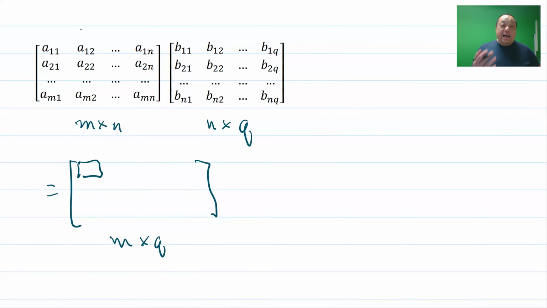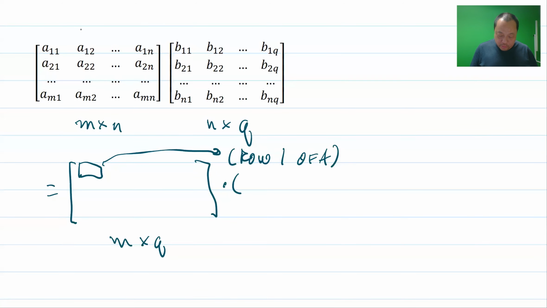At any ij position, it will be row i of the first matrix times column j of the second matrix. So this one here at the corner, the 1, 1 position is going to be row 1 of A dot with column 1 of B.